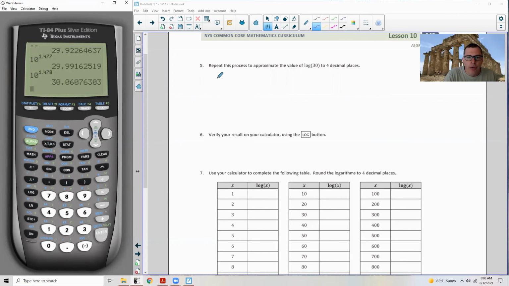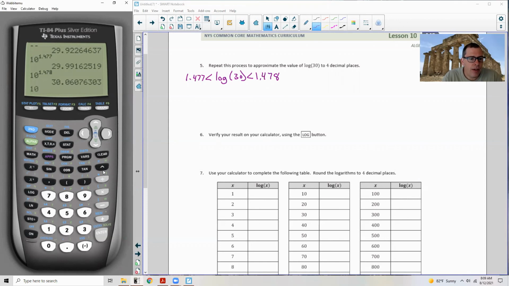So now I know, I'm going to write this, the log of 30 to 3 decimal places is greater than 1.477, but less than 1.478. So now I'm going to continue with 1.477 and expand out to the 10,000th position.